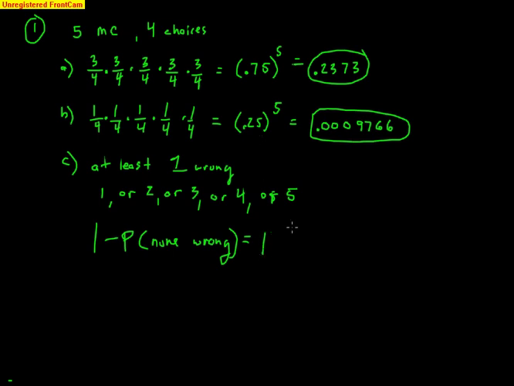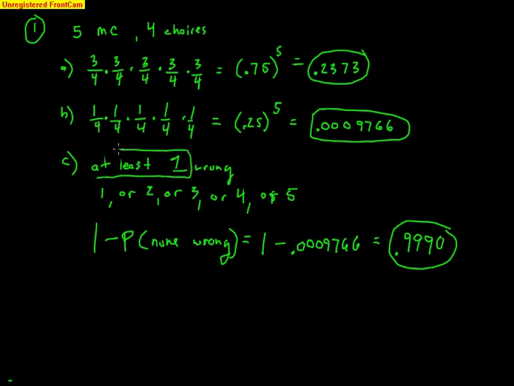So if I do 1 minus 0.0009766, or 1 minus 0.25 to the fifth, I get the probability of getting at least one wrong is 0.9990. Extremely, extremely likely that you're going to get one wrong if you're just guessing. So this phrase, at least one, is really, really important that you understand how to do that. Okay?